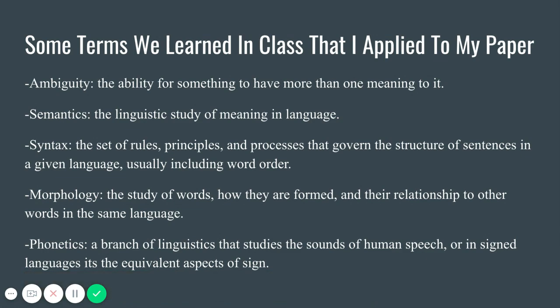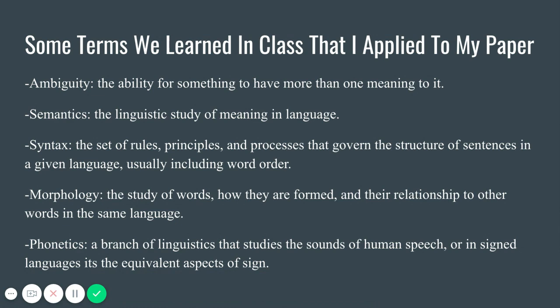Some terms that we learned in class that I applied to this paper are ambiguity. That is the ability for something to have more than one meaning. Semantics is another one, and that's the linguistic study of meaning in language. Syntax is the set of rules, principles, and processes that govern the structure of sentences in a given language, usually including word order.